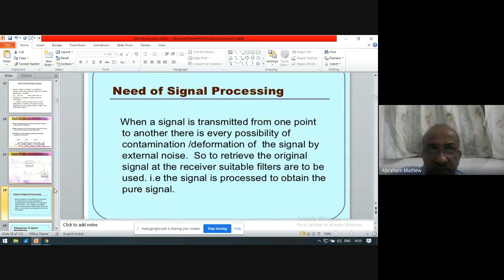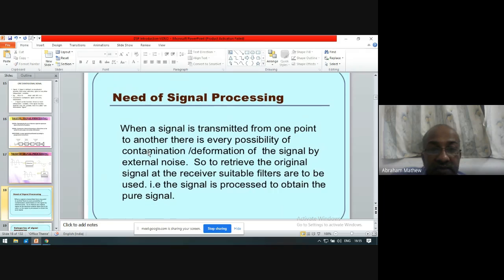Therefore, to retrieve the original signal at the receiver, we can use a suitable filter. That is, the signal can be processed to obtain a pure signal.